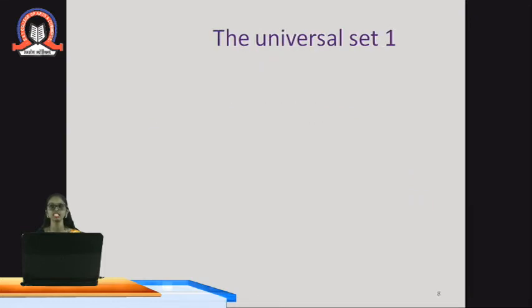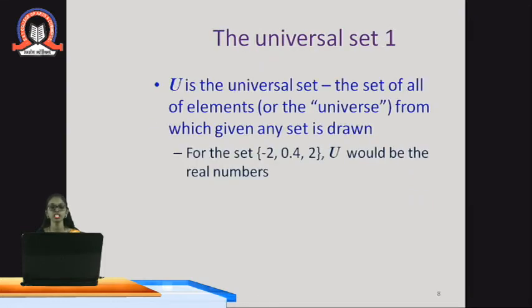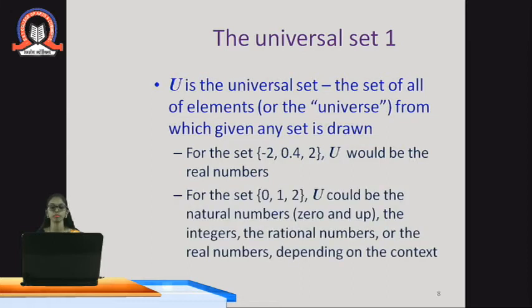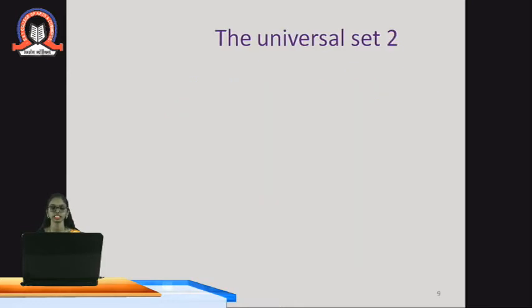The universal set, part 1. U is the universal set, the set of all elements from which any given set is drawn. For the set {-2, 0, 4.2}, U will be the real numbers. For the set {0, 1, 2}, U could be the natural numbers, the integers, the rational numbers or the real numbers, depending on the context.